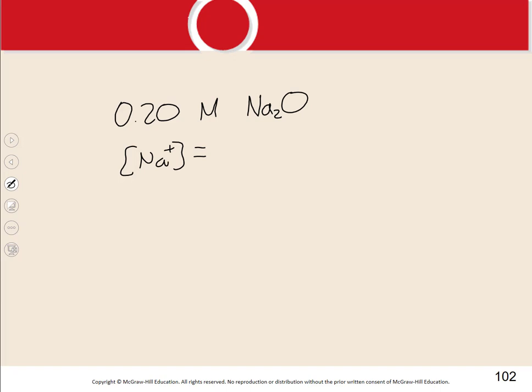When sodium oxide, which is soluble, dissolves, I get how many sodium ions? 2 sodium ions and 1 oxide ion, right? So what's the ratio, molar ratio between sodium oxide and sodium? 2 to 1. So if I'm 0.20 of this, then what would I be of that?